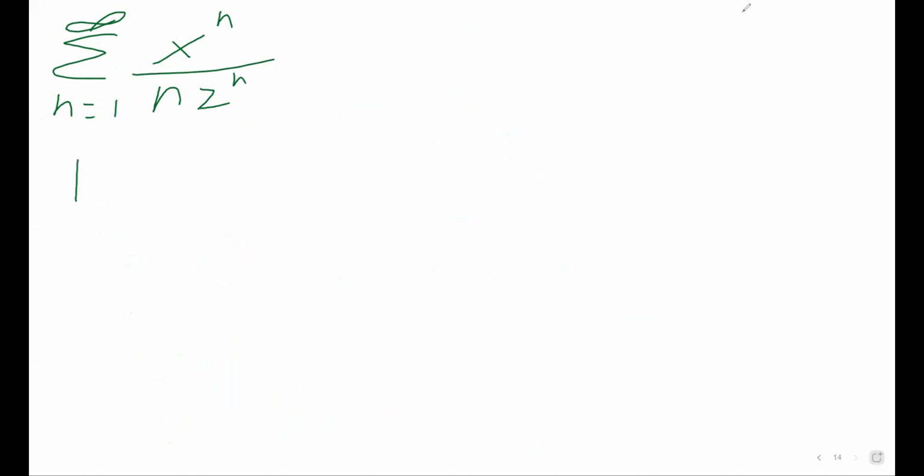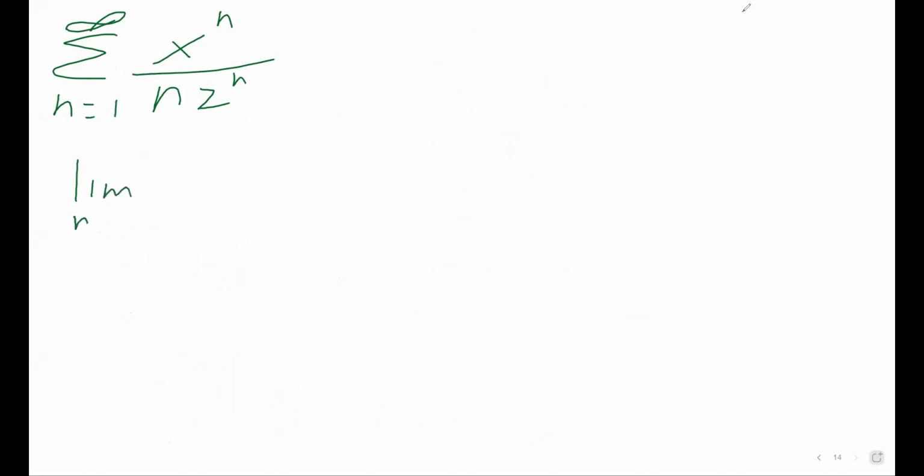Let's try this. We want the summation from n equals 1 to infinity of x to the n over n times 2 to the n. So we want to use our ratio test.